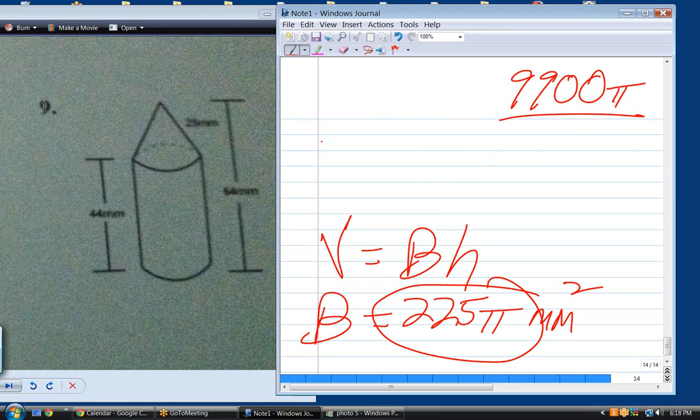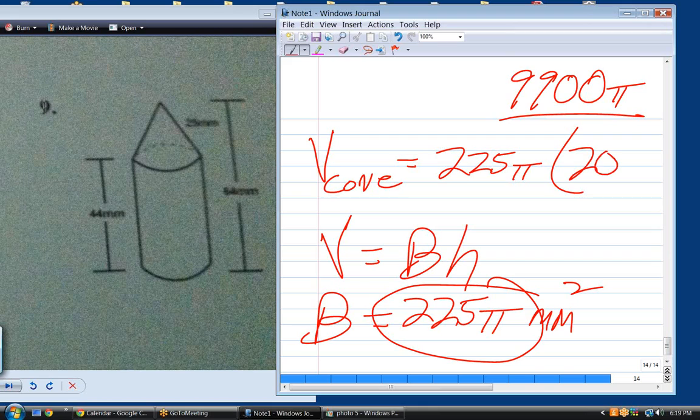The volume of the cone is its base. Okay, I got this wrong. The base of that cone is 225 pi. Right? Yeah. Times its height, 20, divided by 3 because it's a cone, not a cylinder. So what's that number?